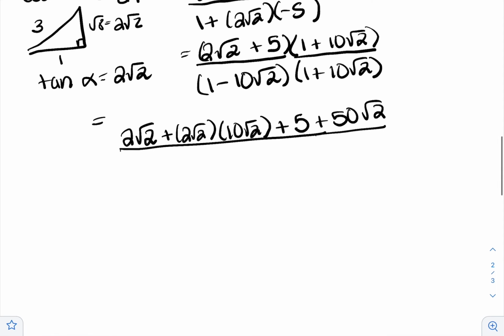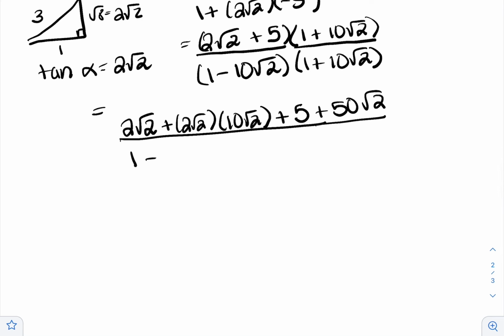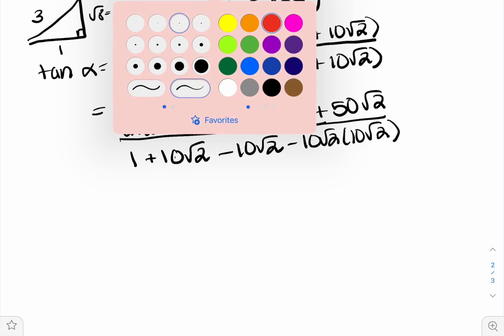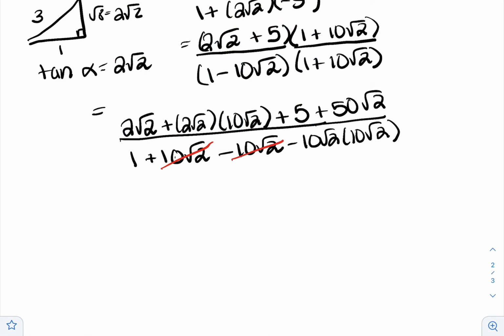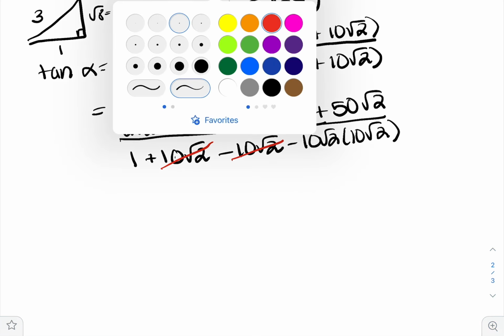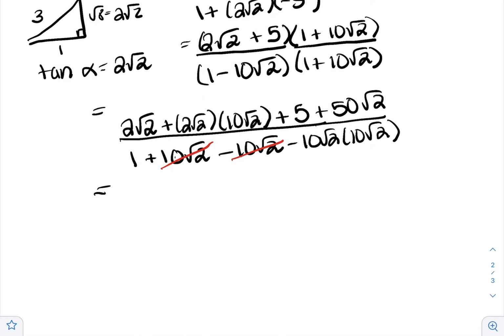And in the bottom, I'm going to first distribute the 1: 1 times 1, then 10 square root of 2. Then a minus 10 square root of 2. Then a minus 10 square root of 2 times 10 square root of 2. So in the bottom, the 10 square root of 2's cancel out because one is positive and one is negative. This is why it rationalizes.